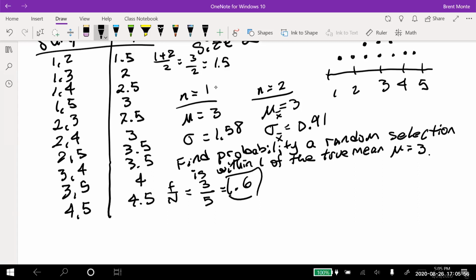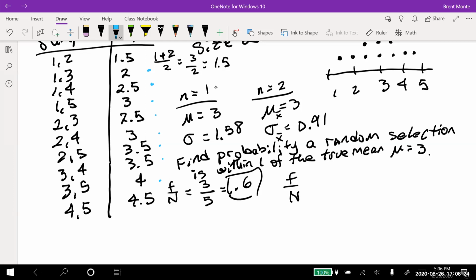So our probability is 0.6, or we have a 60% chance. Well, with n equals 2, now we can look over in that list that I have off to the side. If I do f over n there, let's get the blue pen out and mark the ones that are within 1. So anything between 2 and 4 would be within 1 of the population mean of 3. Well, that one's not, but this one is, this one is, this one is, this one is, this one is, this one is, this one is, and 4.5 is not.